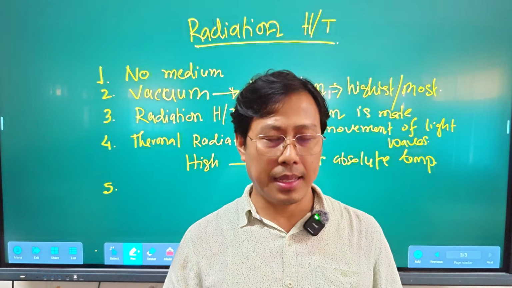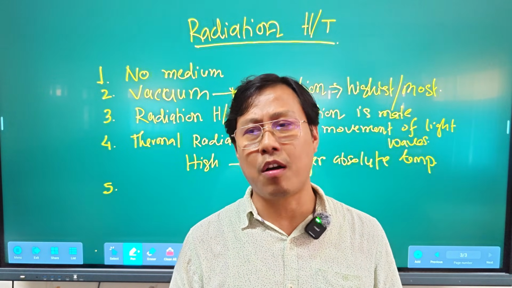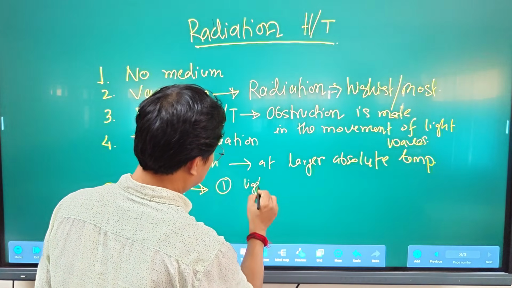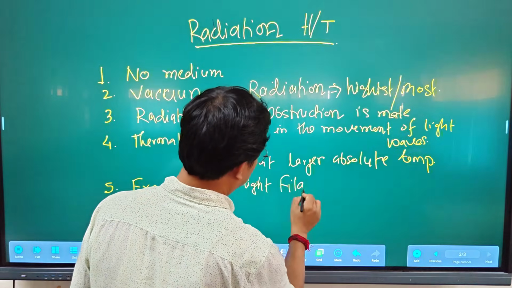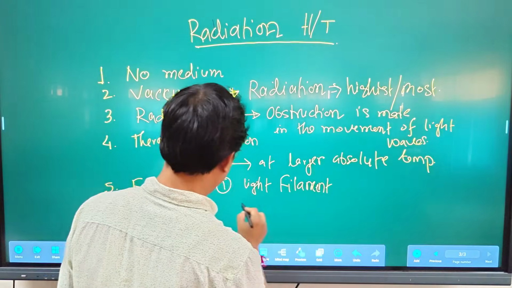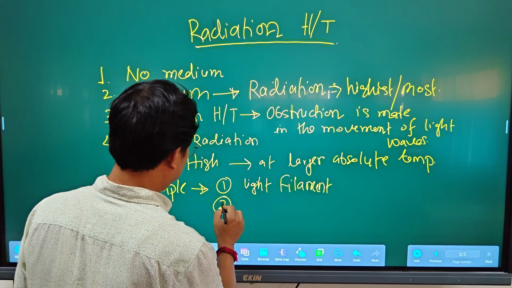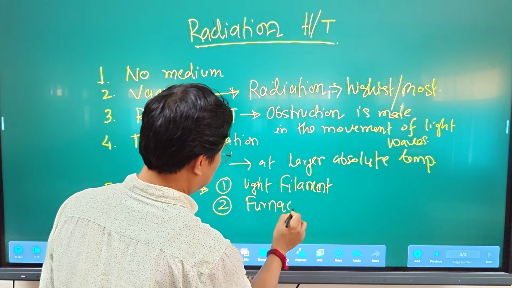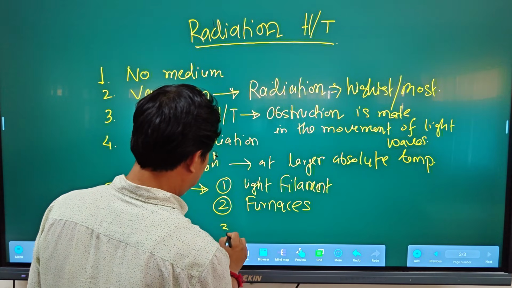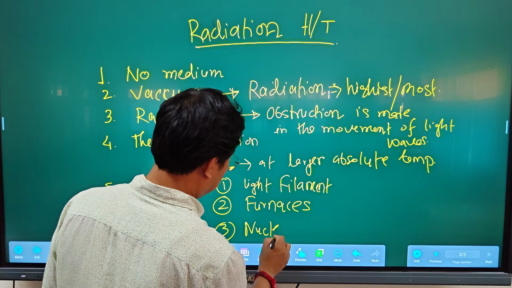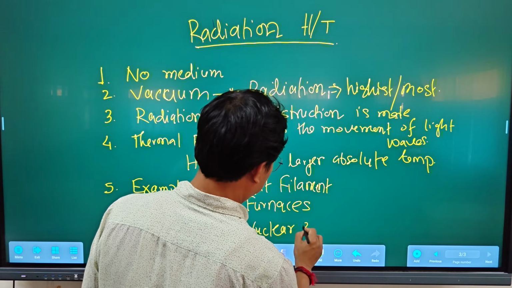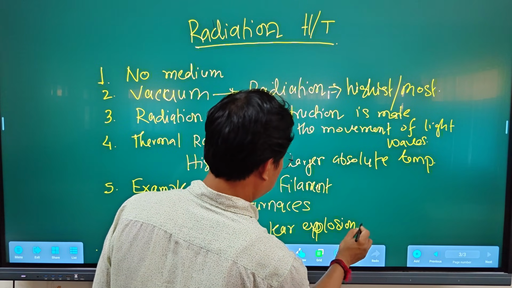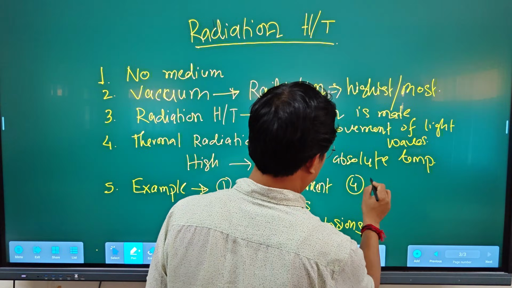Some other major examples of radiation are the light filament, furnaces, nuclear explosion, and we can say combustion chamber.